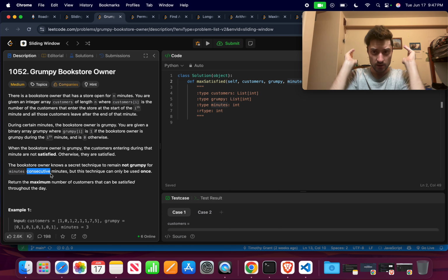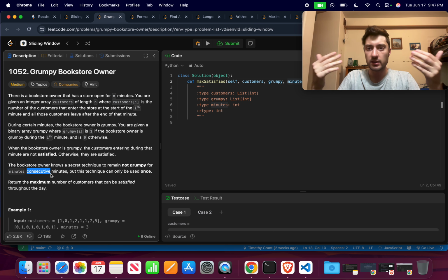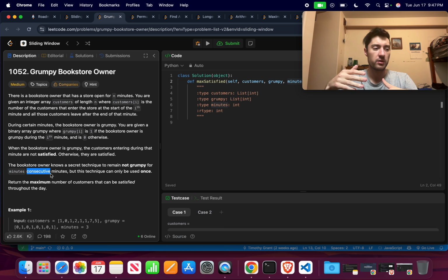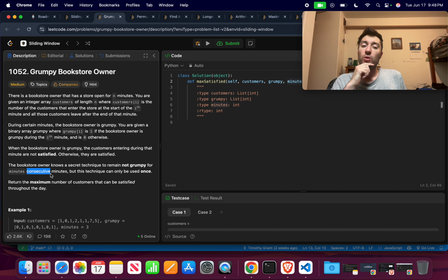Here is another thing that is common in sliding window. There are many techniques that can deal with arrays, like binary search, and a whole bunch of different techniques that can solve array problems. But one of the key indicators for sliding window is that it deals with consecutive data, data within a window.